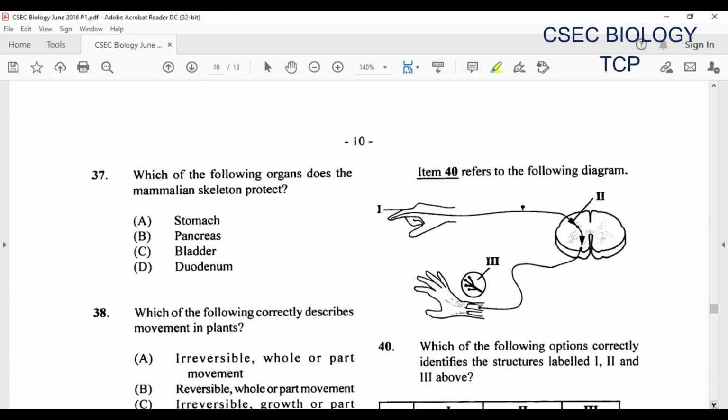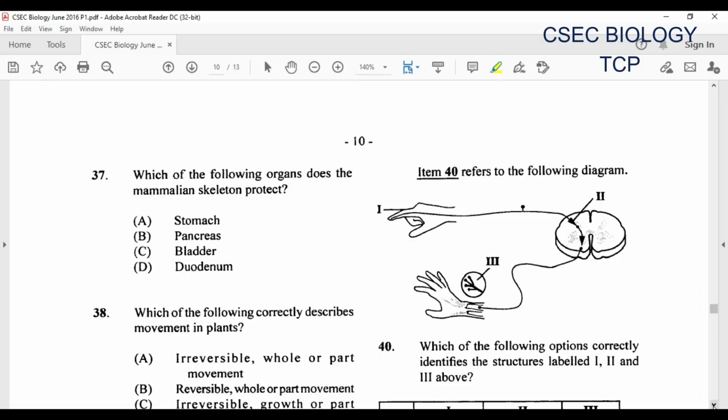Moving on down to question 37. Question 37 reads, which of the following organs does the mammalian skeleton protect? Alright, if you look at the diagram, the pancreas is somewhat behind the stomach, and it makes this a pretty tricky question if you ask me. The bladder falls right within the pelvic girdle there. On your body, it would be just below your navel, above your pubic area.